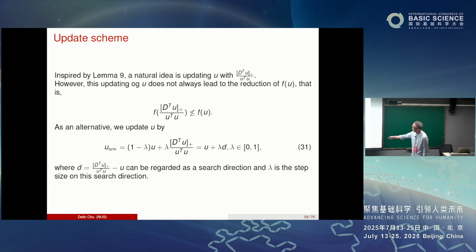Then we get U new equal to U plus lambda d, where d equals (D transpose U)+ over U transpose U minus U. If we look at this formula, d can be considered as a search direction, where lambda is the step size on this search direction. So next we need to consider whether d is a descending direction. If so, then on this descending direction, how to choose an appropriate step size lambda.